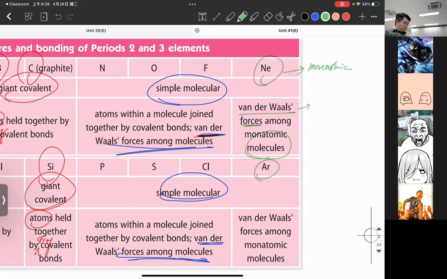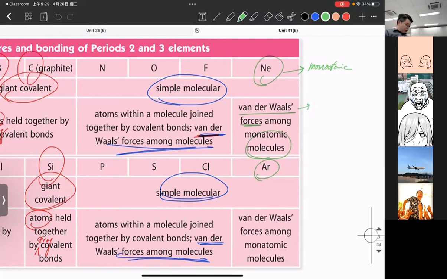First of all, it is not dipole. It is neither London force nor dipole attraction. So what else can it be?